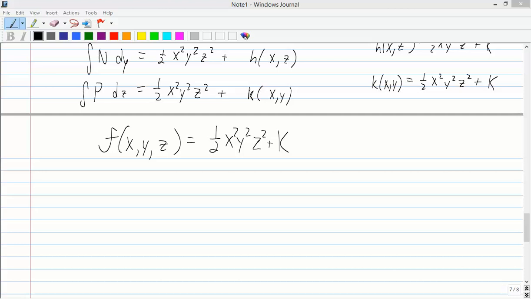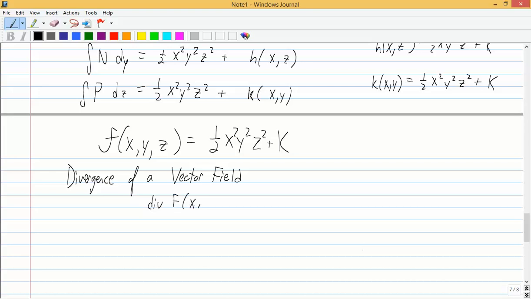The last thing for this section, I believe, is called the divergence of a vector field. The way that you'll see the divergence written is just div of f of xy, or div of f of x, y, z.